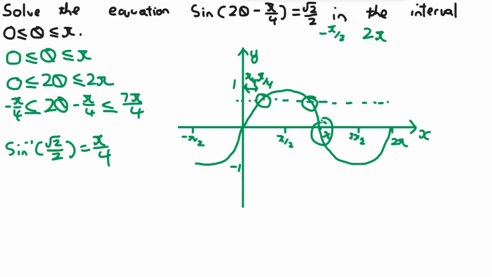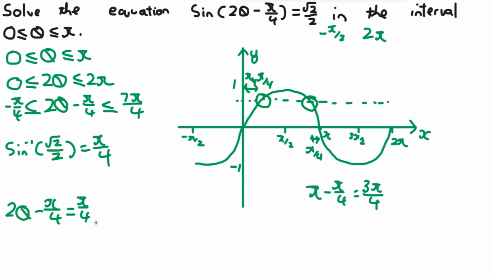So therefore the difference between pi and this value is pi over 4, so this value is going to be pi minus pi over 4, which is 3 pi over 4. So therefore 2 theta minus pi over 4 is equal to pi over 4 and 3 pi over 4.